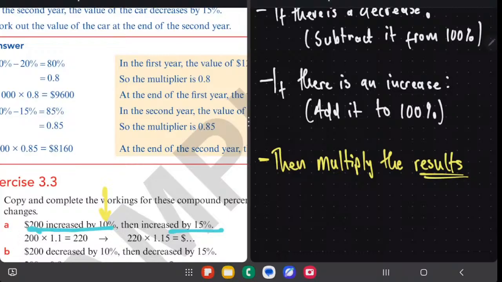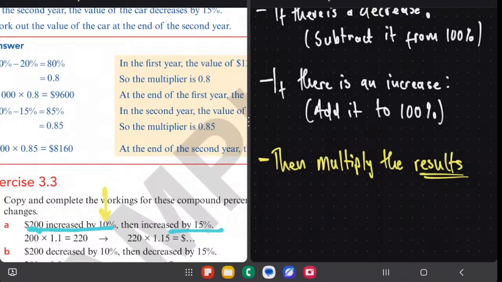No, sir. It's not a special value. Why is it not a special value? Because we have not yet taken it to 100%. You gotta take it to 100%.